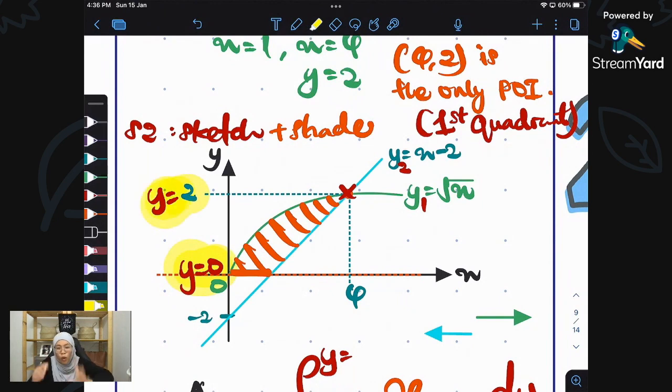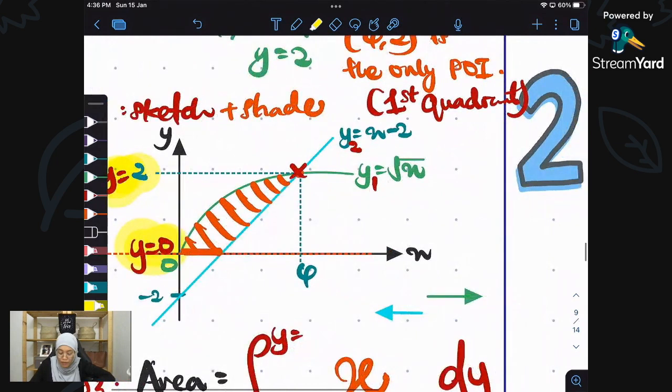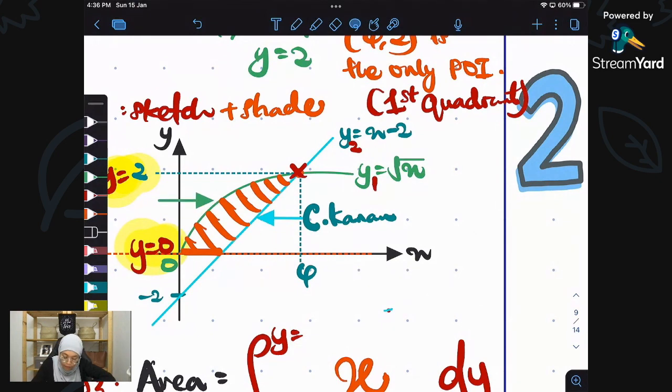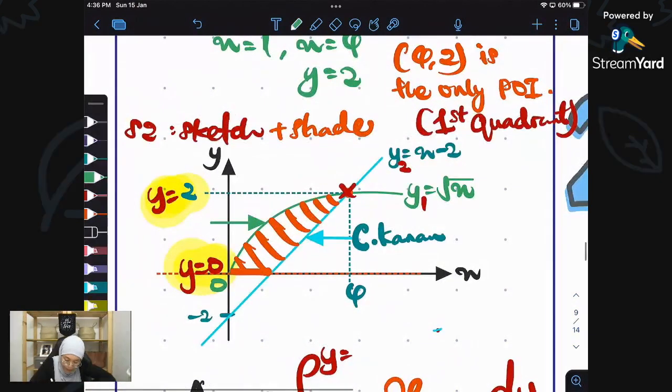Since I'm using y coordinate sebagai limit dia, so saya kena make sure bahawa saya faham bahawa saya tengah cuba nak memakai curve kanan. Okay, saya tulis sini curve kanan tolakkan dengan curve kiri. Inilah dia, inilah ilmu baru yang you all belajar.